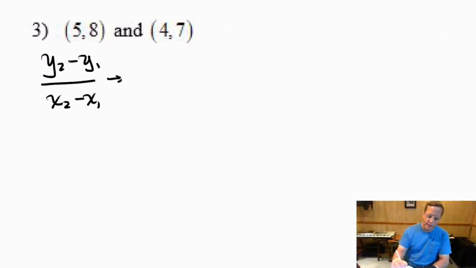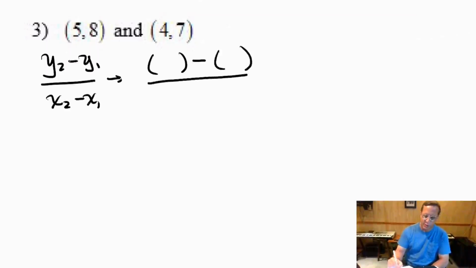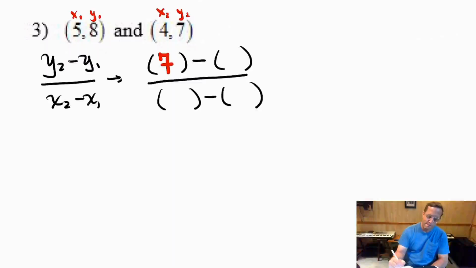When we put those in, it doesn't hurt to look at it this way when you're substituting values in. I'm going to label this x1, y1, x2, y2. The y2 is 7, the y1 is 8, the x2 is 4, and the x1 is 5.